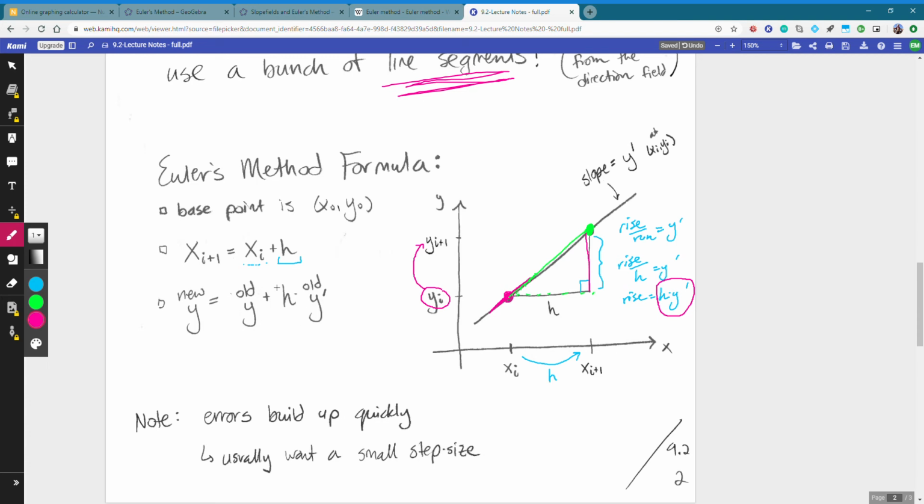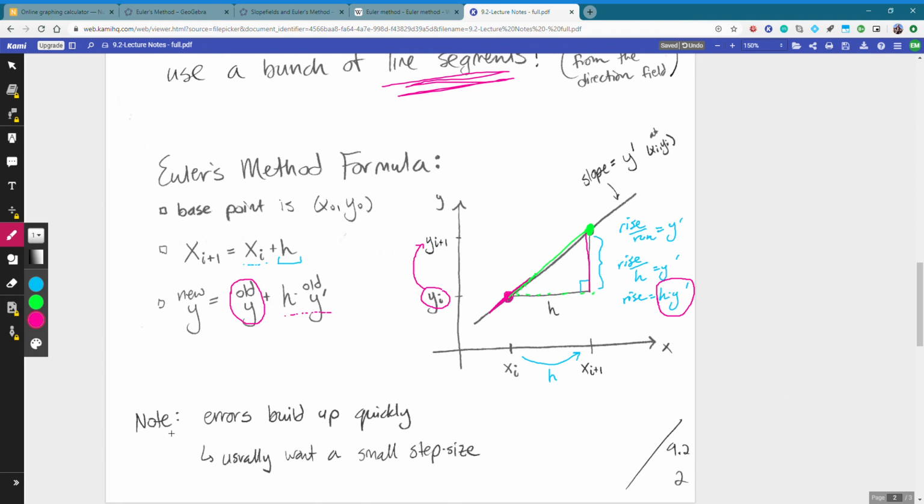It's a little bit awkward to write this in terms of i's and stuff. I like to think of it like this. So taking our old y value, we just add on that rise that we see from our picture, the h times the y prime from our first point over here, at least the point that we're bouncing off of, to get to our next point. And so a pretty clean formula here.